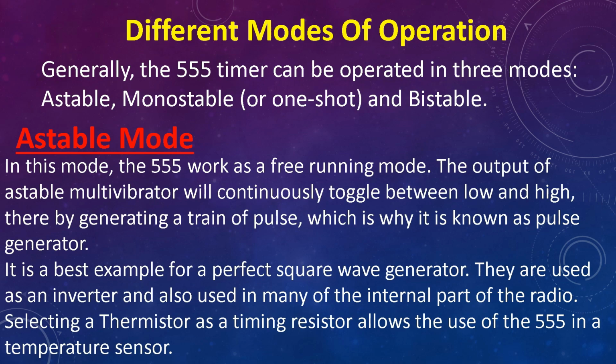The output of the astable multivibrator will continuously toggle between low and high, thereby generating a train of pulses, which is why it is known as a pulse generator. It is the best example of a perfect square wave generator. They are used as an inverter and also used in many of the internal parts of the radio. Selecting a thermistor as a timing resistor allows the use of the 555 in a temperature sensor.